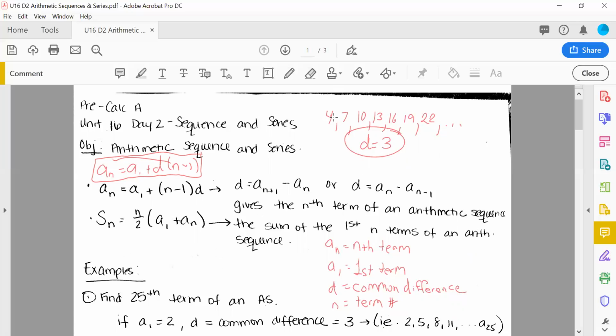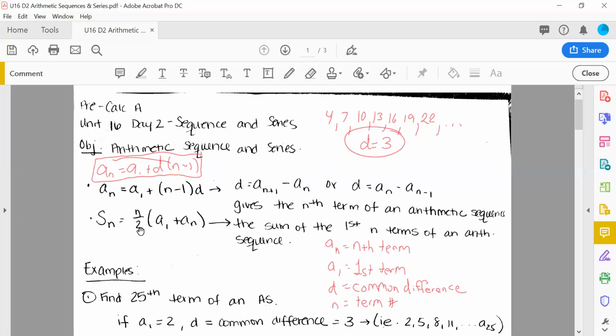Well, I'm already starting with 4. So how many extra times do I have to add 3? 1, 2, 3, 4, 5, only 6 more times do I need to add 3 to get to the 7th term. Why? Because I'm already giving you the first term to begin with. So when I start with the first term, I add the common difference n minus 1 times instead of n times. That's the big thing right there.